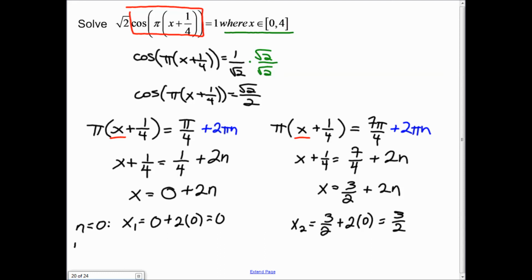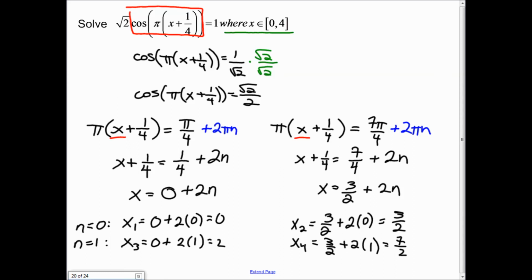Now we're going to let n be equal to 1. And so our third possible x is going to come from 0 plus 2 times 1, which is equal to 2. And this still falls within the range of 0 to 4, and so we're okay. And then we'll try our fourth x value. This will be 3 over 2 plus 2 times 1, which is going to give us 7 over 2.